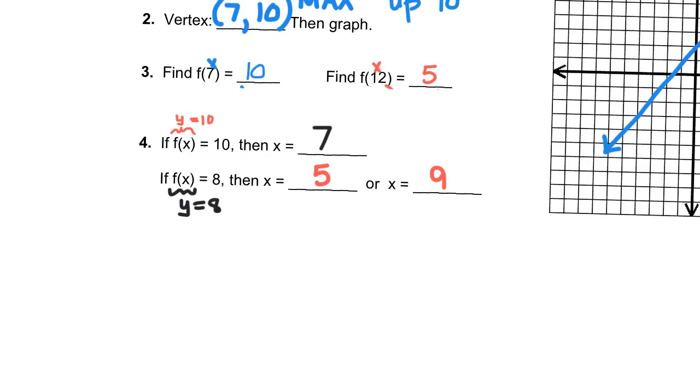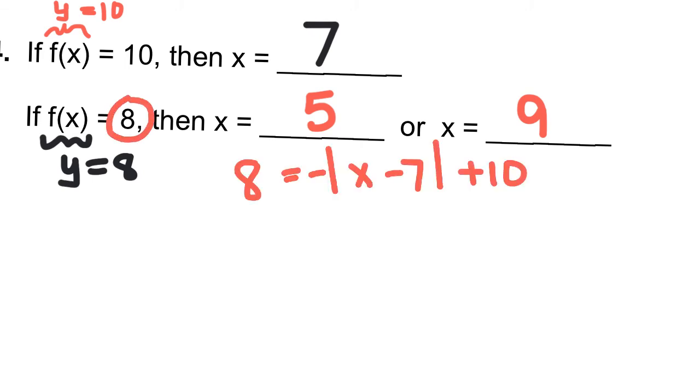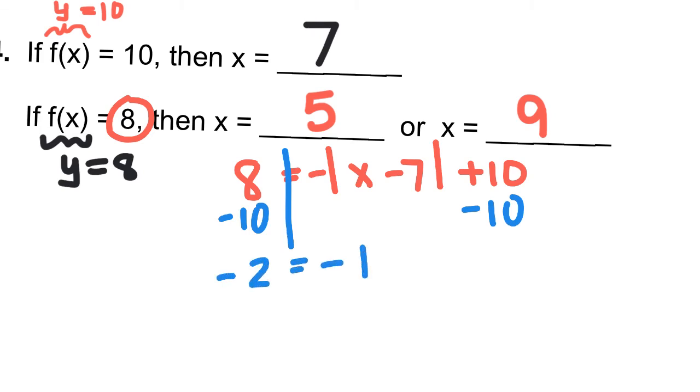The last thing I'd like to discuss is what this looks like mathematically. So let's substitute 8 into our equation. Now let's begin solving for x. So if we're solving for x, we're going to do the opposite. So we'd have negative 2 equals negative absolute value of 7, x minus 7.